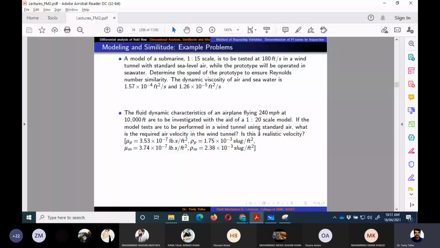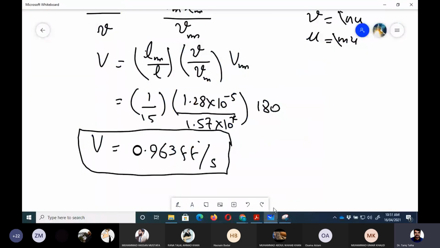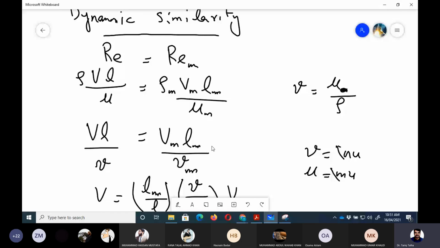If the model tests are to be performed in a wind tunnel using standard air, that is at sea level, what is the required air velocity in the wind tunnel? So that is the same. We are talking about dynamic similarity, and now we need to again use this equation which I have written here.